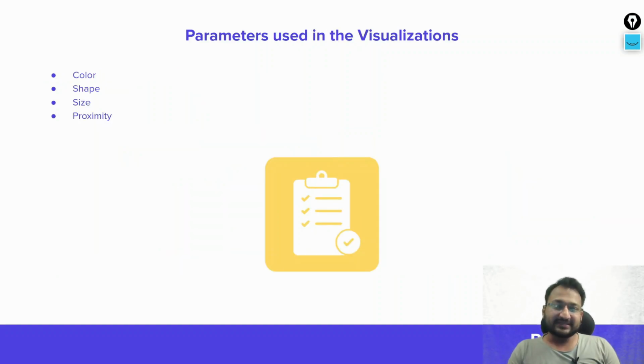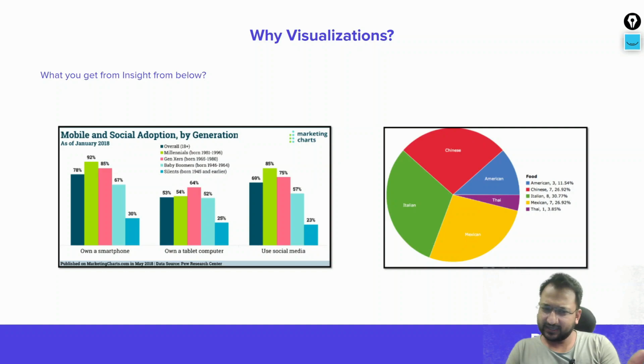Whenever we create visualizations, there are certain things that we use very extensively. There are 4 parameters that we use for making effective visualizations: color, shape, size, proximity, right? Color, as in, if you see over here, the color was helping me understand which generation is what.